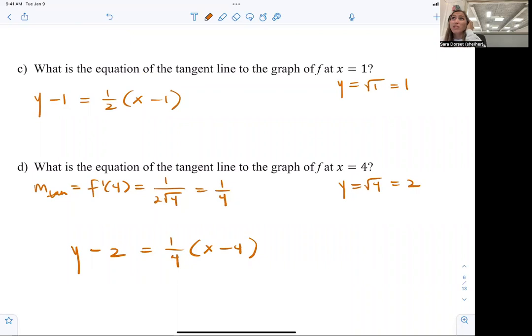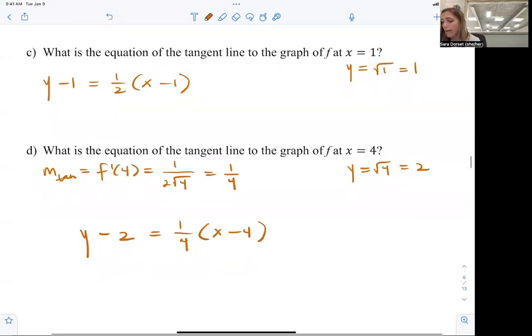Because otherwise you're having to do some extra algebra to solve for b. Instead of just popping them in, you're having to plug in values, solve for b, and then write your equation. I don't know. Point slope form is your friend.